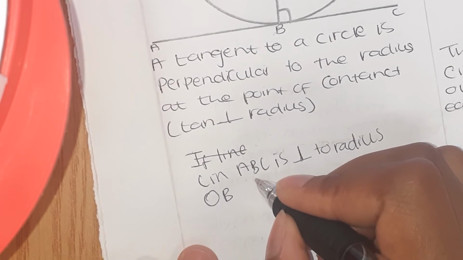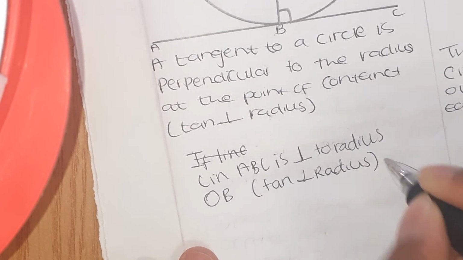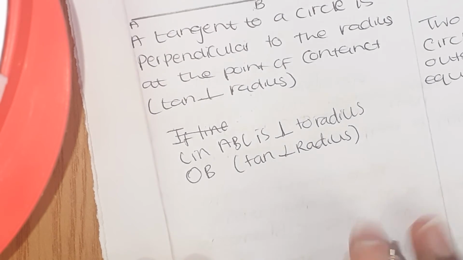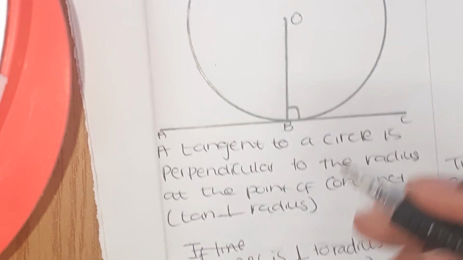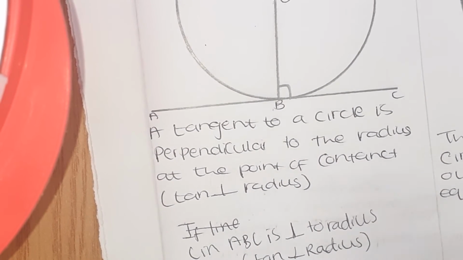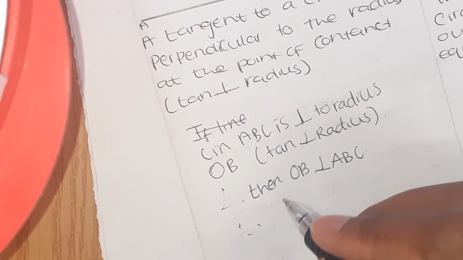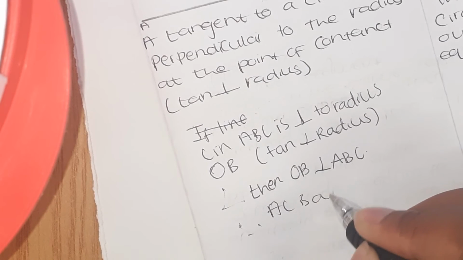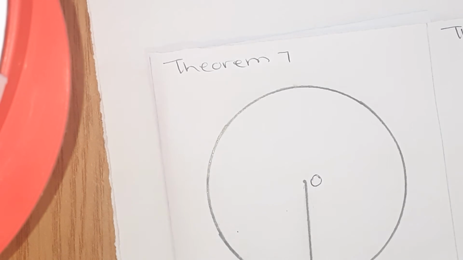That is why the reason is tan radius. That's the reason. So what you say, it's therefore OB, which is this one, is perpendicular to ABC. So you have proven that AC is a tangent, and therefore AC is a tangent. That is as easy as that.